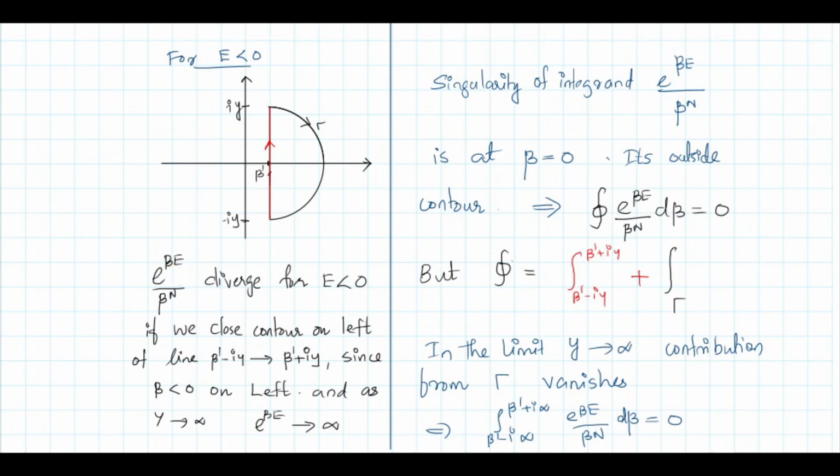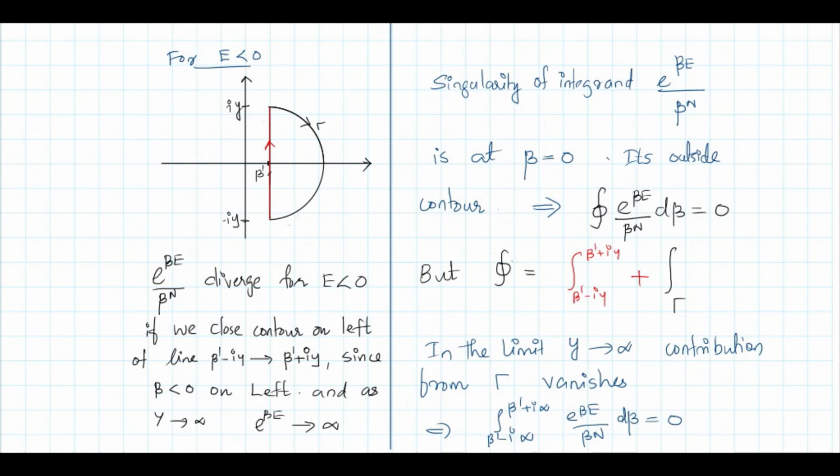But if you close it on the left side, as y tends to infinity, beta will tend to minus infinity. E is already negative, so this e raised to beta E will diverge. That is why we close the contour on the right side.